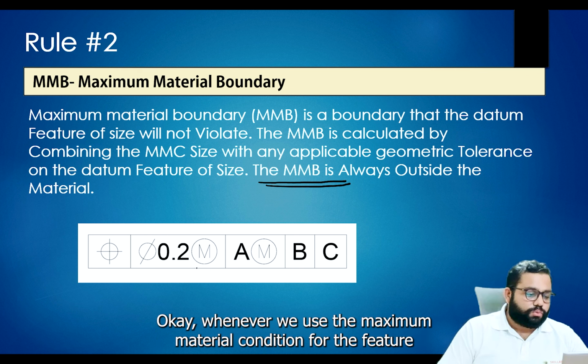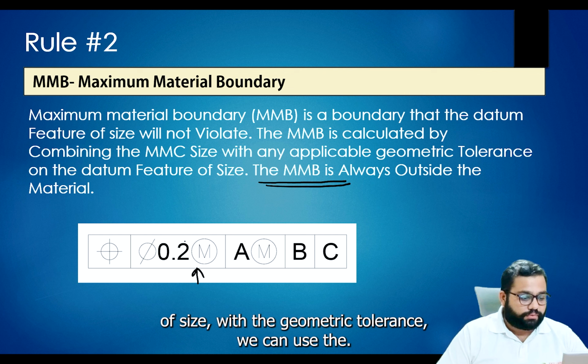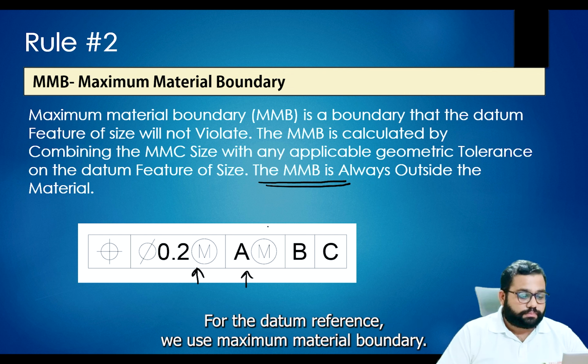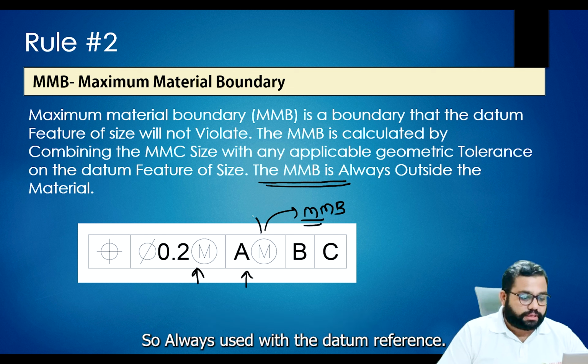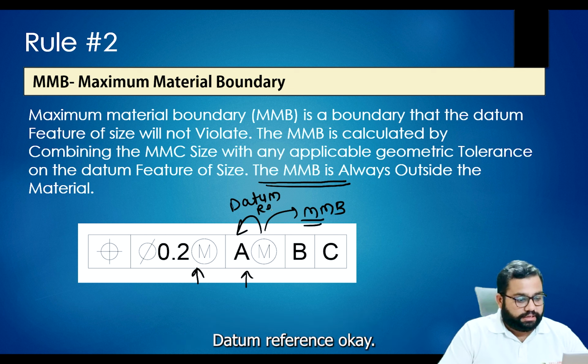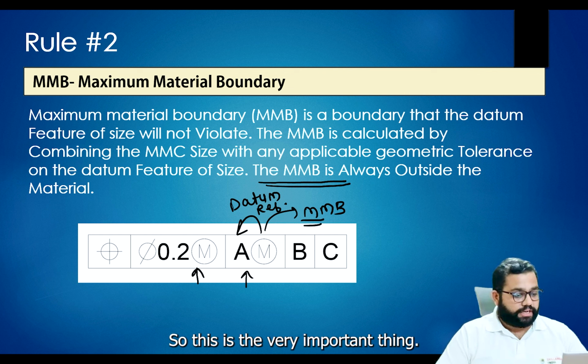Okay. Whenever we use the maximum material condition for the feature of size with the geometric tolerance, for the datum reference, we use maximum material boundary. Okay. So MMB is always used with the datum reference.